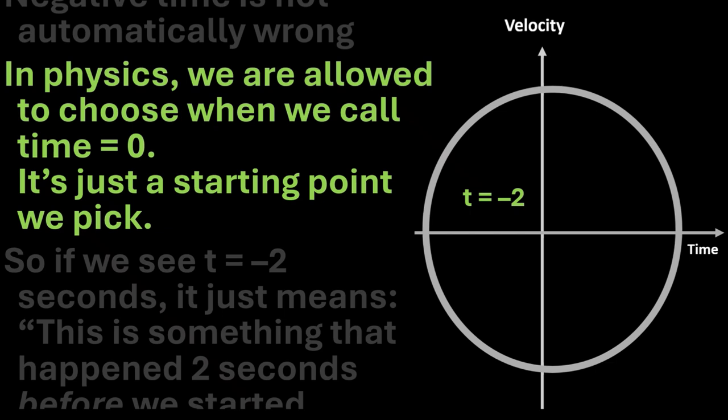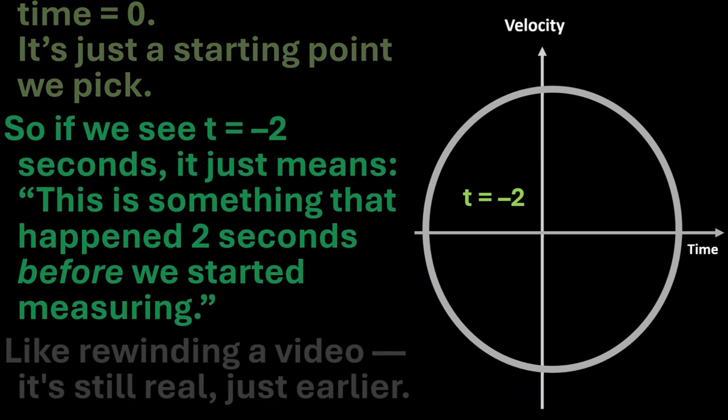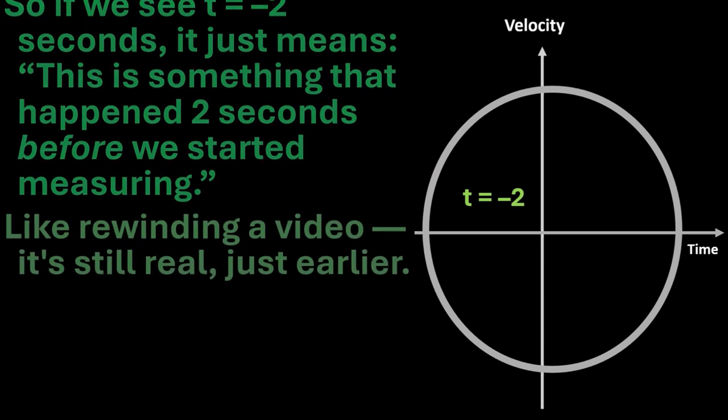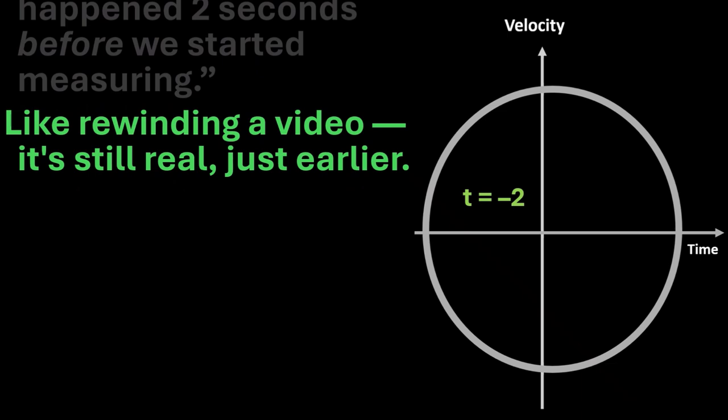It just means that we are talking about those actual instances of motion which were happening before the actual observation took place. I hope that makes sense. Now, if you observe t equal to minus 2, it just means this is something that happened 2 seconds before we actually started measuring the motion. It's like rewinding a video. It is still real, but it happened some time before.